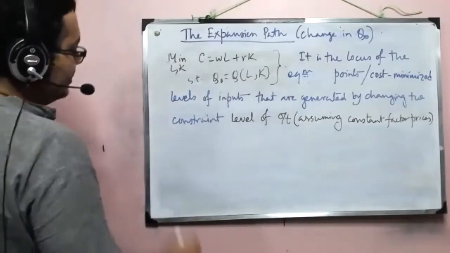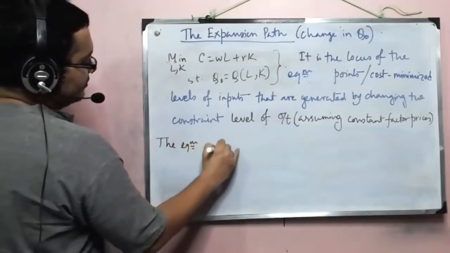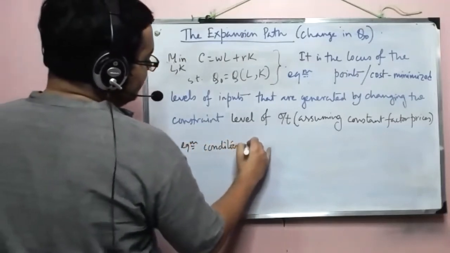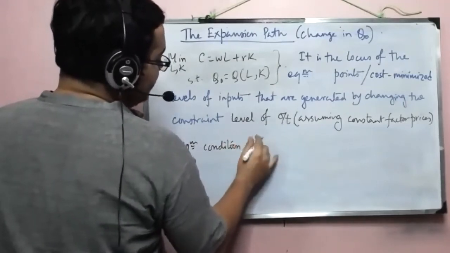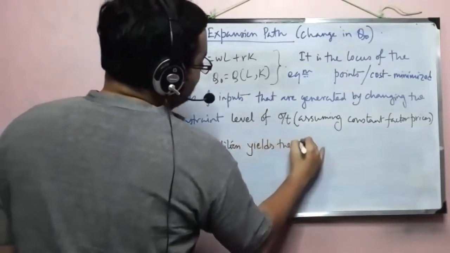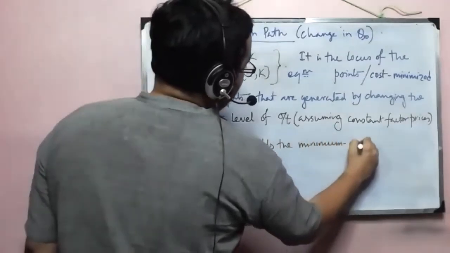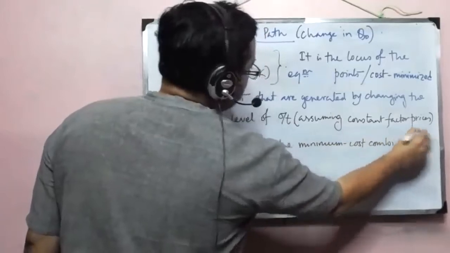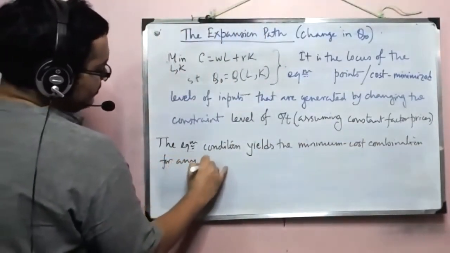Now, the equilibrium condition, we know it, right? The equilibrium condition yields the minimum cost combination for any given output.